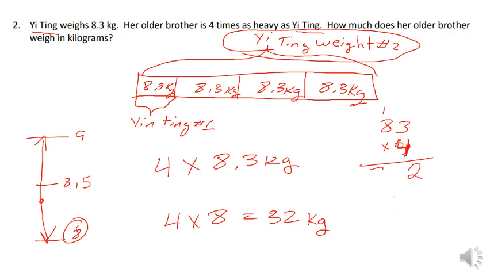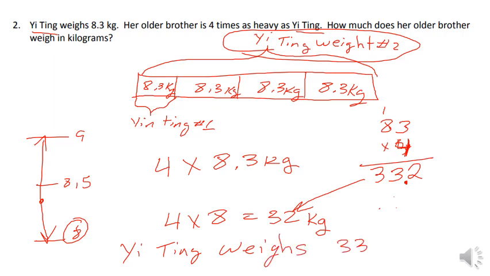And 1 is 33. Well, I know it's got to be close to 32 kilograms, so my decimal point must have to go right here. So the answer would be that Ying-Ting's brother weighs 33 and 2/10 kilograms.